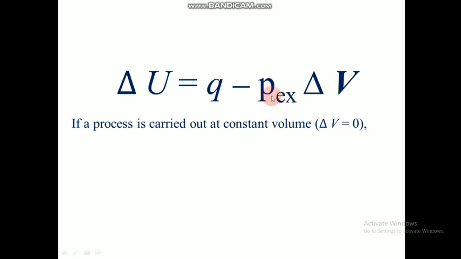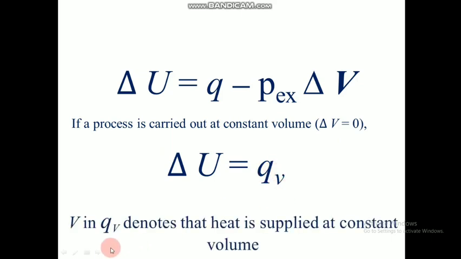So the product of Px and delta V is also equal to 0, right? Hence the delta U term will only depend on Q, the change in heat. So when the volume is constant, delta U is equal to QV, where V represents constant volume. So keep this equation in mind.